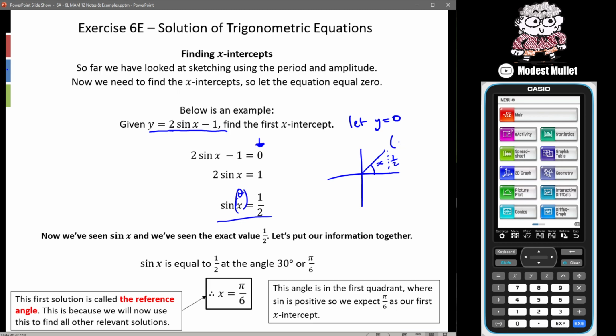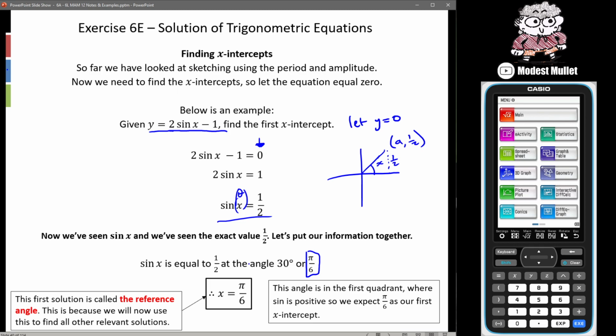Now, we don't care about what the x coordinate is in this case. We just want what angle will give me a y coordinate or vertical component of half, and if we remember our exact values, that happens to be pi on 6 or 30 degrees. And that's what we get. Then we've just solved and we've figured out that that is an x-intercept.